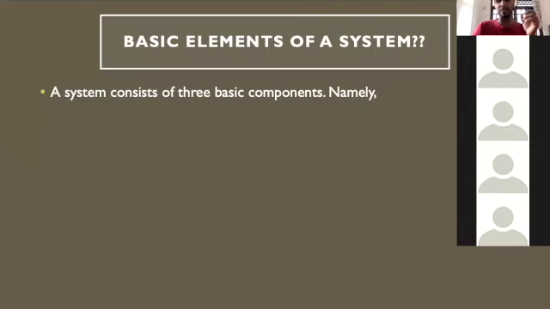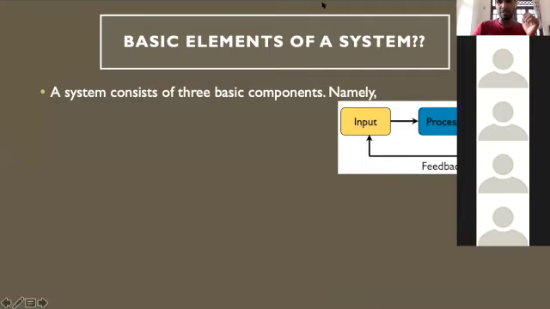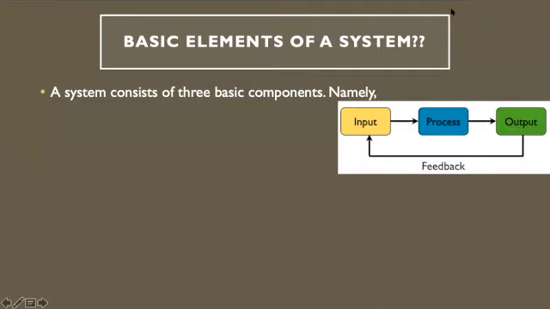In any system we have three basic components, namely the input, process, and output. These three are the basic components of the system. You studied this in grade 10 also, right? So that is input, process, and output.